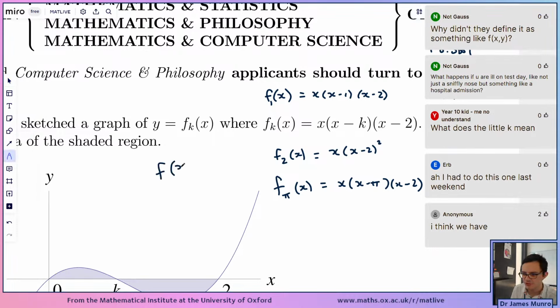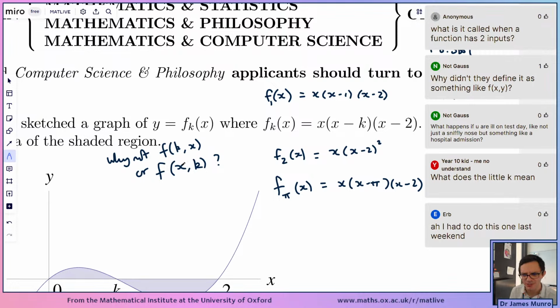So an alternative notation suggested in chat is that they could have written it as a function with 2 inputs like this, or f(k, x). So why not write it like this? It's a good question. I don't really know. These functions with 2 inputs are a bit tricky. If you want to start talking about the derivative of the function, then it can get really messy really fast.